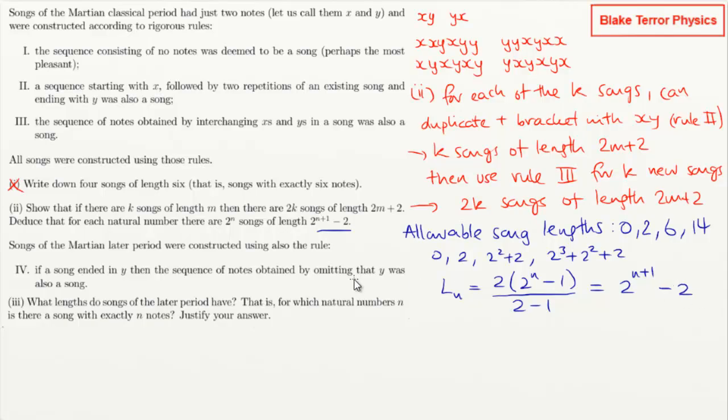Okay, so I've got the length bit. And then each increase in length, i.e. n to n plus 1, doubles the number of songs.